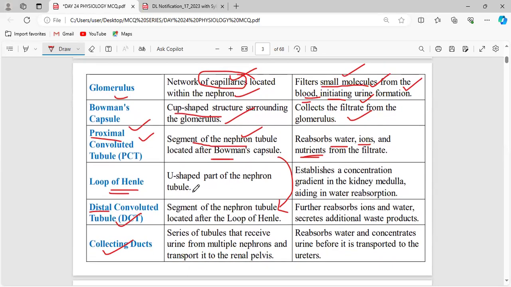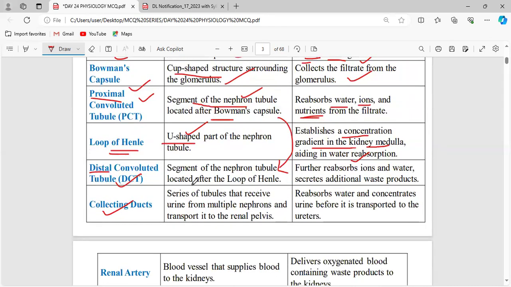Now, what is Henle's loop? The shape of the Henle's loop is a U-shaped structure. Its function is to establish the concentration gradient in the kidney medulla, aiding in water reabsorption. If the water is reabsorbed, then the urine will be more concentrated. That is done in the Henle's loop.